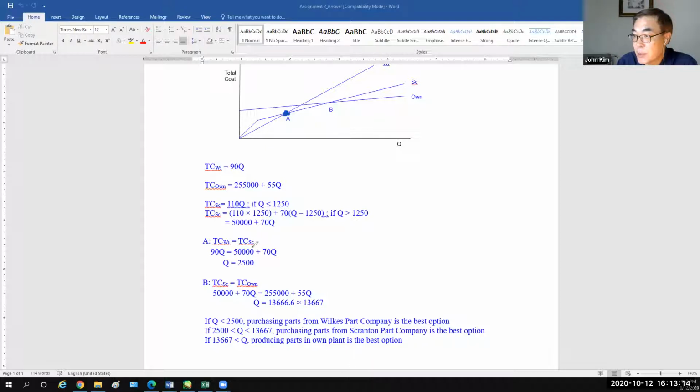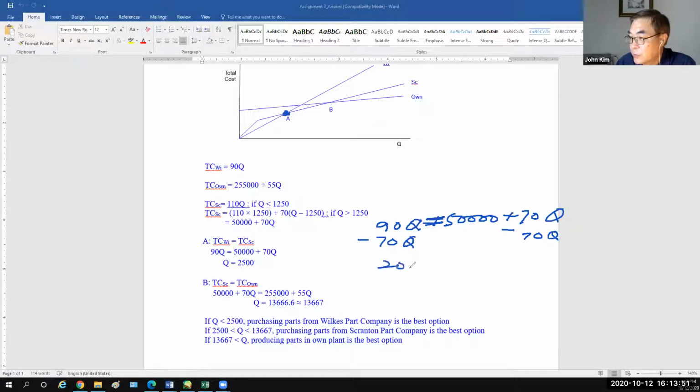TCW equals TCS. So TCW is 90Q equals TCS is this one, 50,000 plus 70Q. So simplify about that. 90Q minus 70Q on each side.